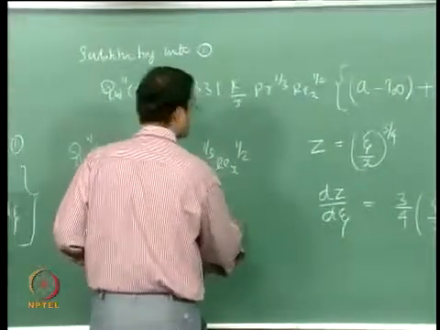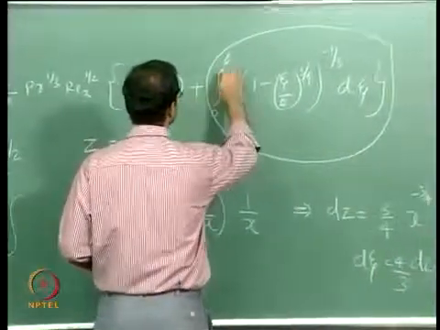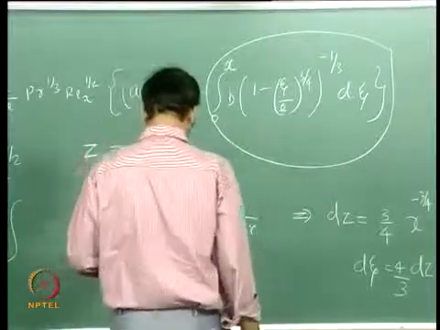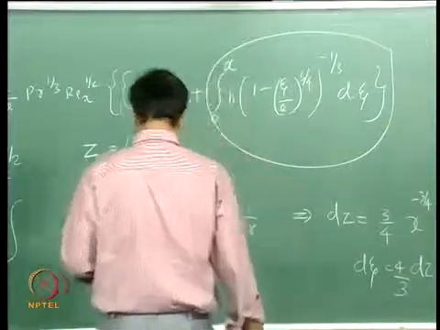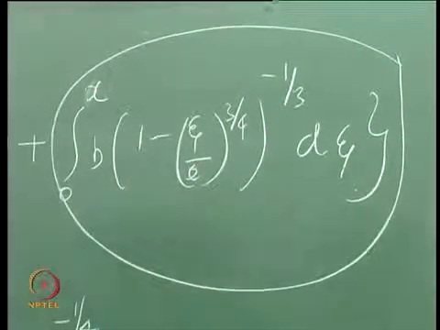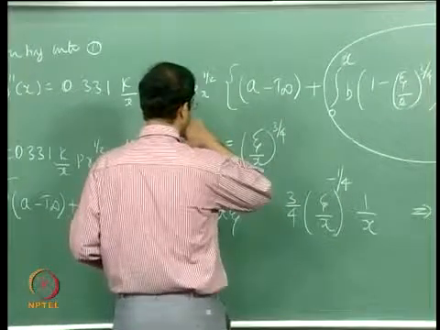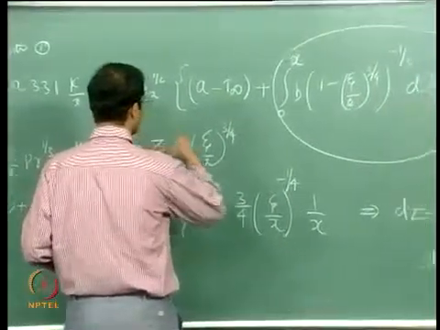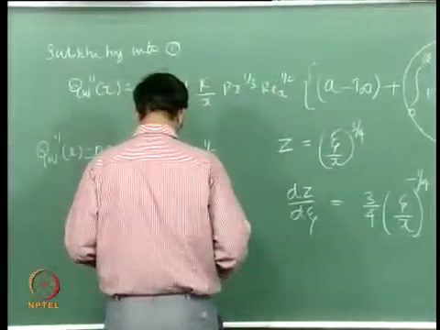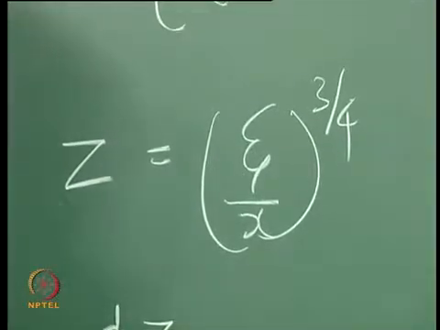Originally 0 to x, I can transform this to 0 to 1, because at zeta equal to x, z becomes 1, so the upper limit of integration is 1.